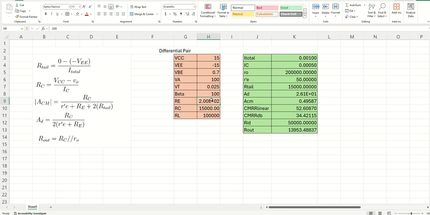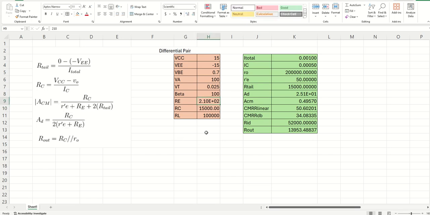That's one method of doing it. So a 210 ohm resistance in the emitter resistor gives us a gain of 25.1. Again, you can manipulate this formula to get RE, but when you build it all in Excel, it makes it pretty easy to just plug in different numbers and get the value you want.